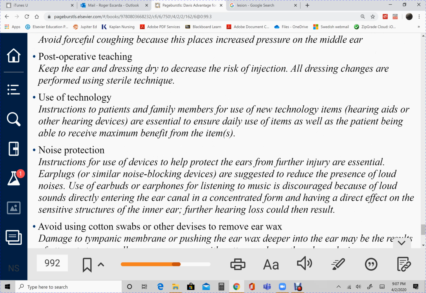Prevention would be noise protection, especially if your livelihood is, let's say you're in construction, you're a contractor using jackhammers, for instance, or if you're at the airport, you work with planes. What else?